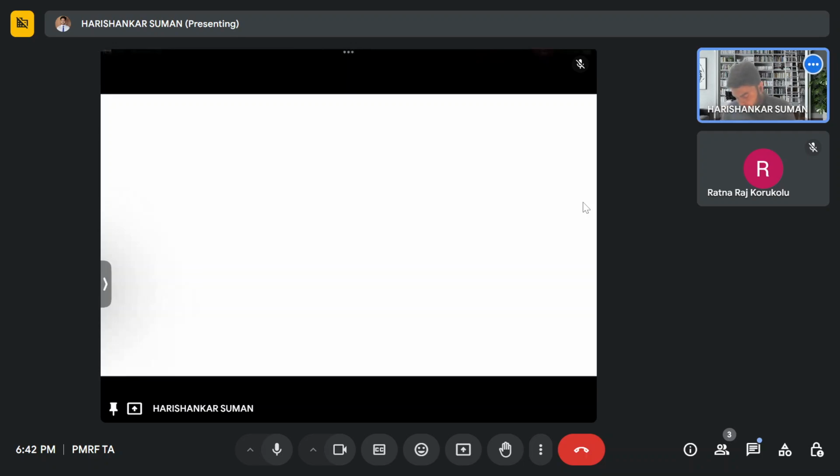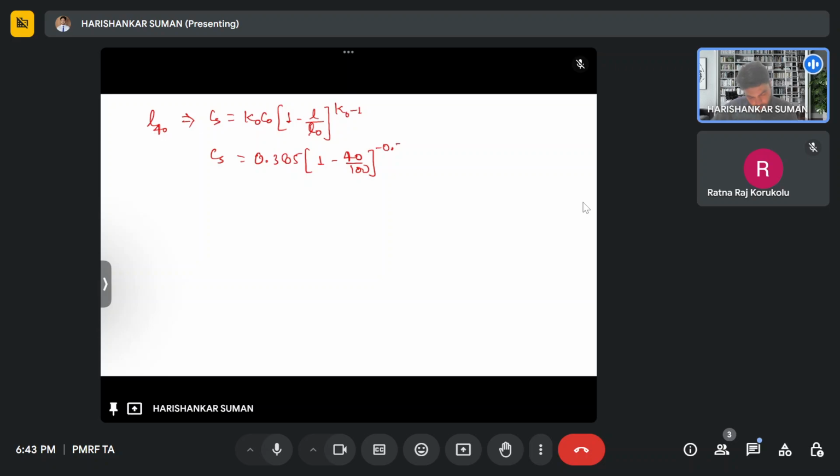Similarly, we can calculate for L40, CS equal to C naught K naught, L by L naught to the power K naught minus 1, 40 by 100 to the power 0.3 minus 1, that is minus 0.7.